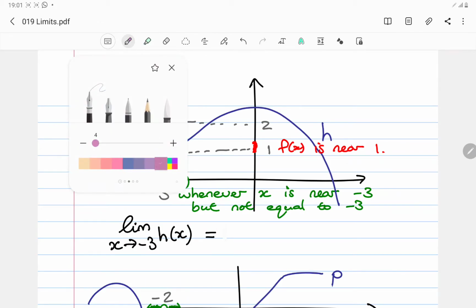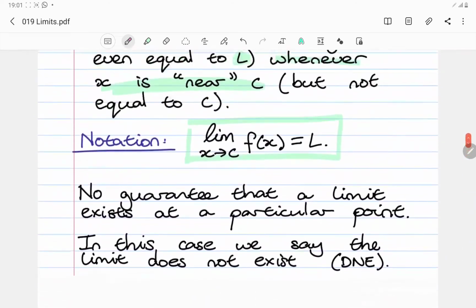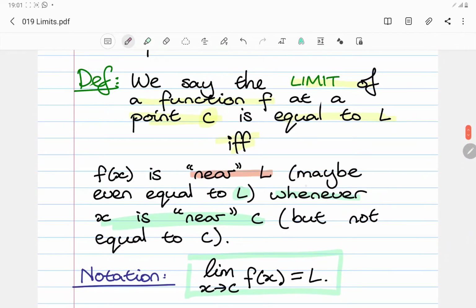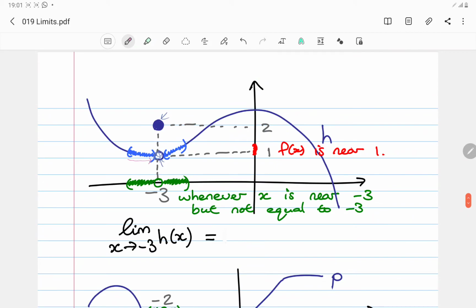Well, from the left, as x approaches minus 3, h is going to be approaching a value. Well, remember, it doesn't have to necessarily be equal to 2. That's why, if you remember, we said it is going to be near L. Near L. But it can be equal to L. It also doesn't have to be equal to L. So in this example, it's going to be 1.